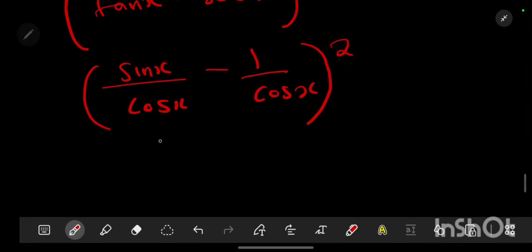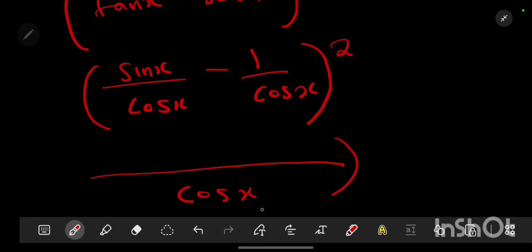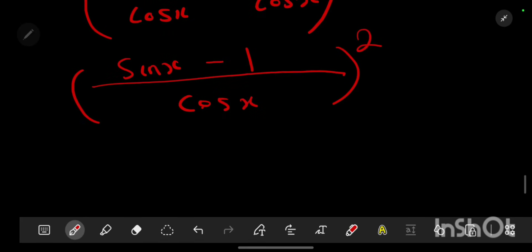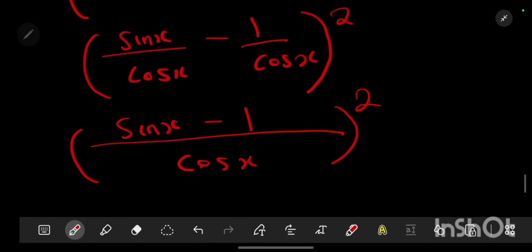From here, pick the lowest common denominator. The lowest common denominator is cos of x. Cos divided by cos is 1 times sine, so it will be sine of x, minus cos divided by cos is 1 times 1, so it will be 1. Then we have our square, like that. This square can be distributed.